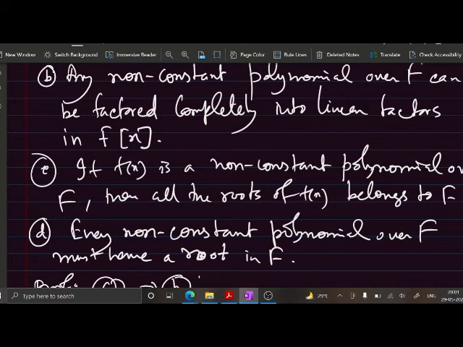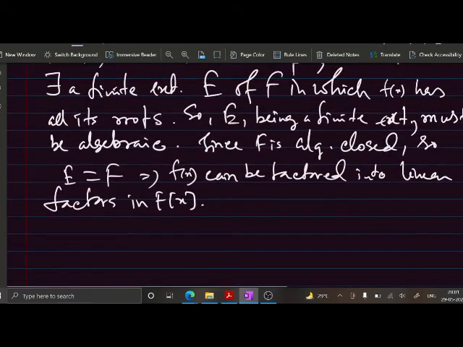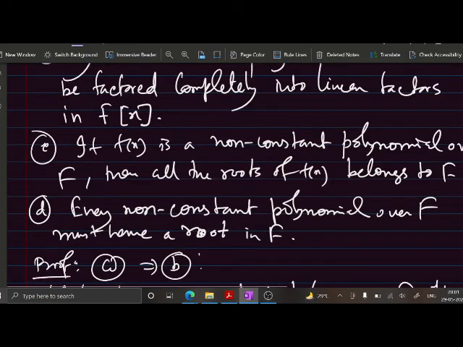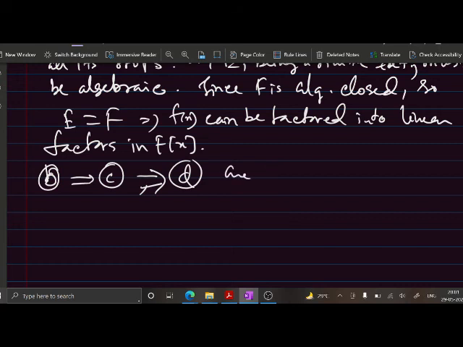B থেকে C এটা প্রমাণ করার দরকার পড়ছে না, ট্রিভিয়াল। C থেকে D এটাও ট্রিভিয়াল। তাহলে তোমার পড়ে রয়েছে A, B implies C and C implies D, so these are trivial.